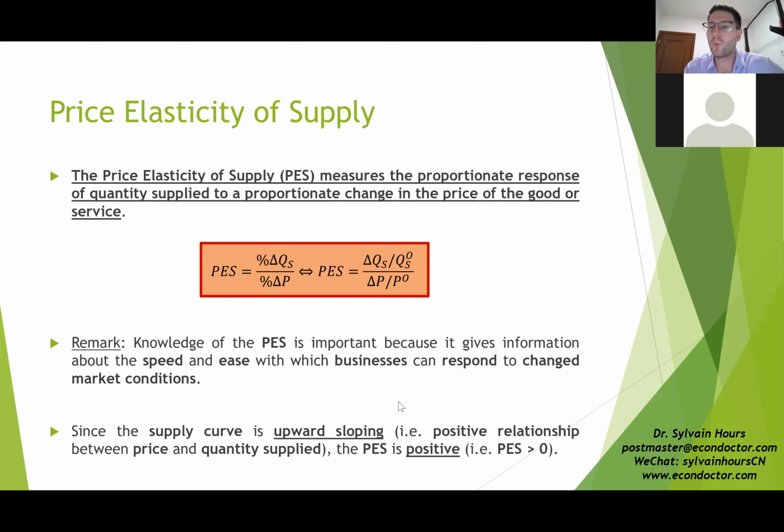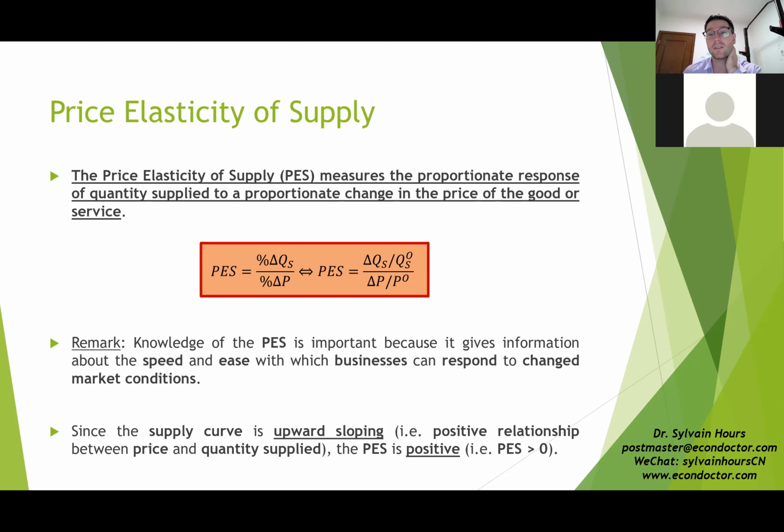And again, why is this important, the PES here? Because it gives information about how easy and how fast it is for a business to adapt to market conditions, okay? The price rises. If the PES is very low, please do not say very inelastic. If the PES is very low, that means that it's pretty tough for me to adapt to market conditions. I might not be able to take advantage of the changes that have taken place.